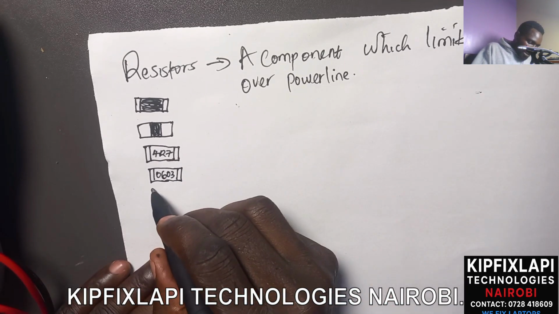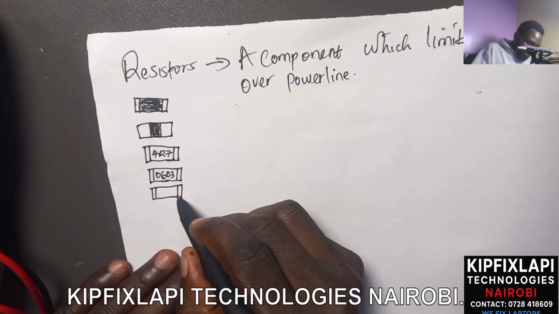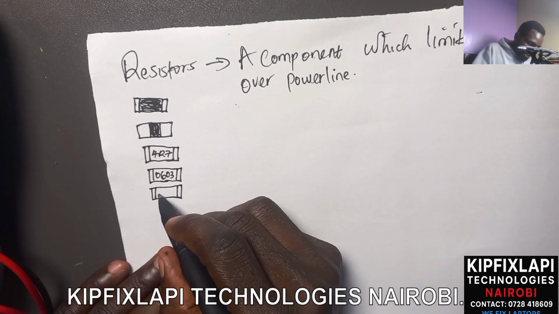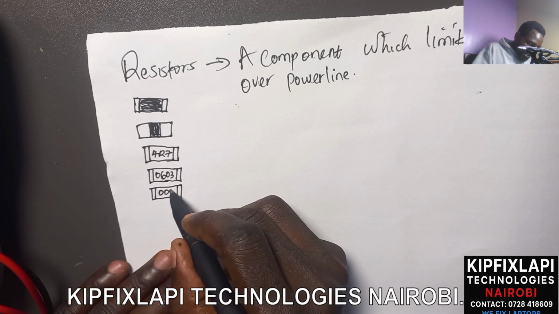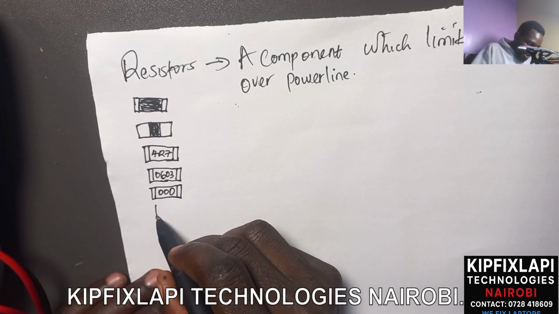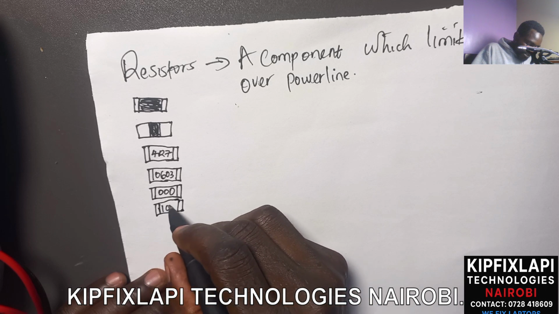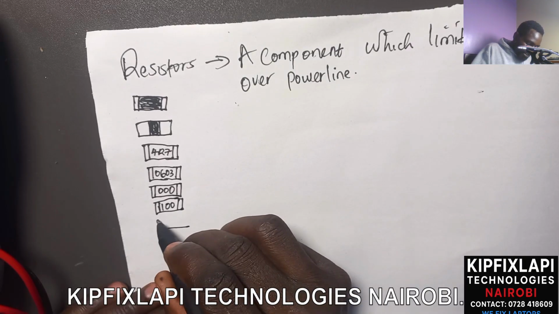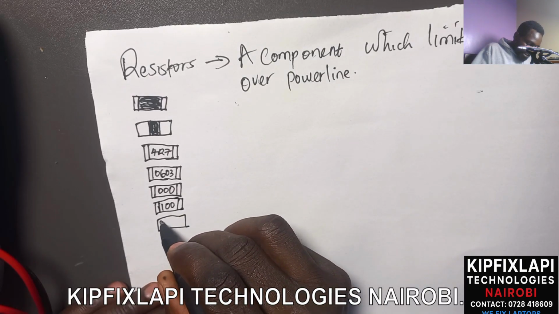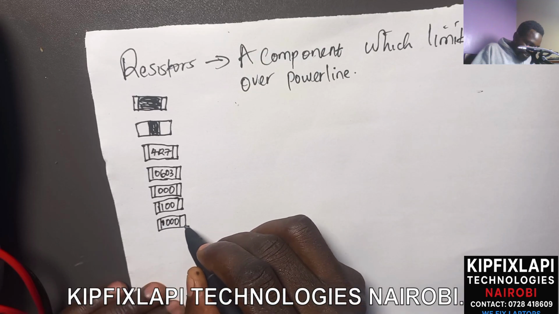You could find another resistor this way, still a black component, but in the middle it is written maybe 000. Or you could find another one written maybe 100. Another one is written 1,000.